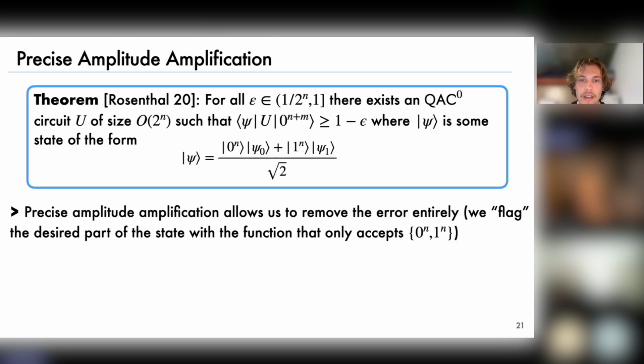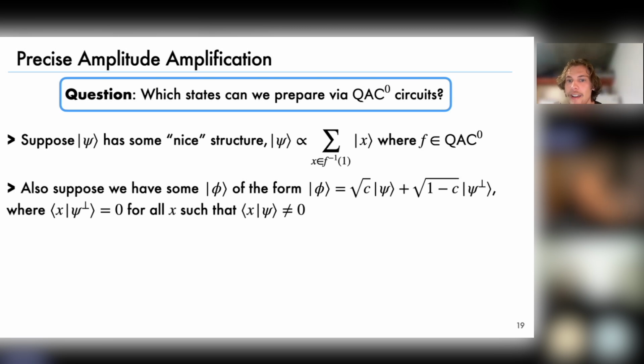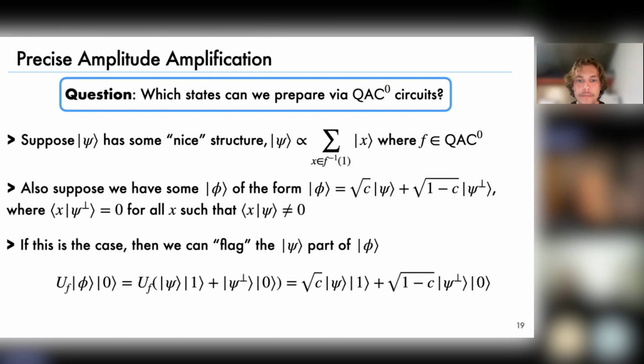And so if I go back a second here, psi just becomes the superposition over 1 inputs of this very simple function. And Rosenthal's construction gives us exactly this phi that we were interested in.